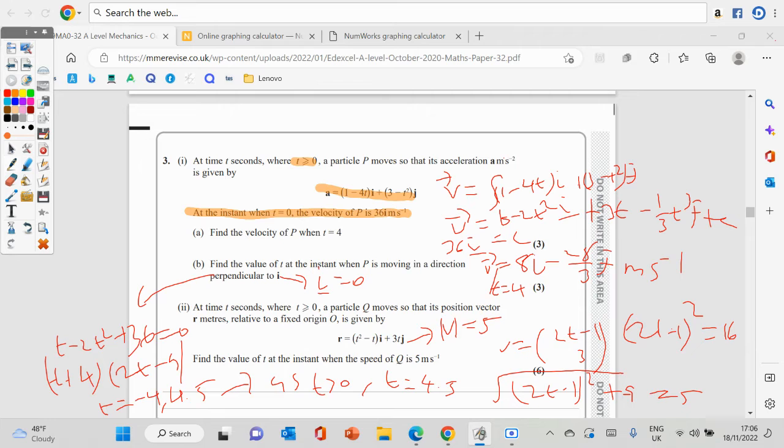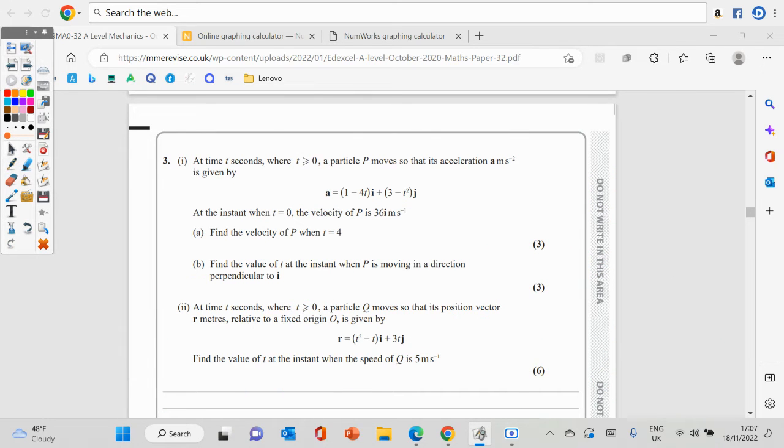So we get plus minus 4, so either t is 2.5 or minus 3 over 2. So I need to take the 2.5 because we know that t must be bigger than 0. Right, there you go. Question 3 done.